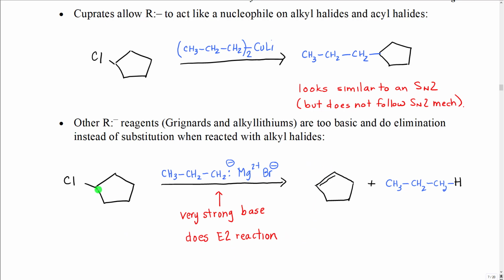So we would do E2. This would be alpha, and one of the adjacent carbons would be beta. We would end up with a double bond, and the base would remove the beta hydrogen, which would effectively protonate that Grignard and render it just an alkane, which is not a very useful substance.